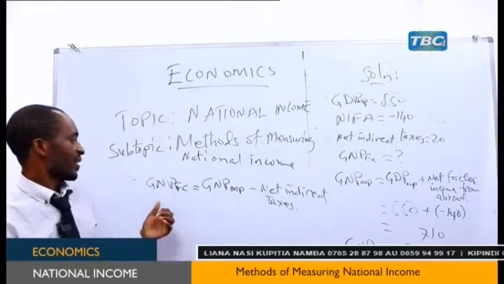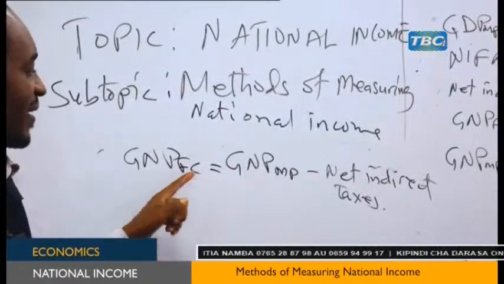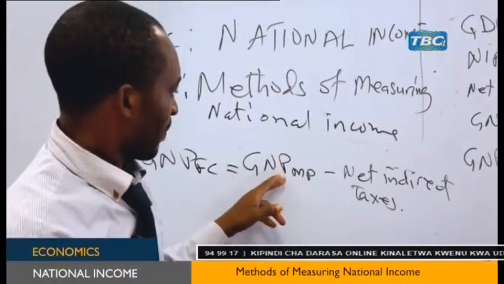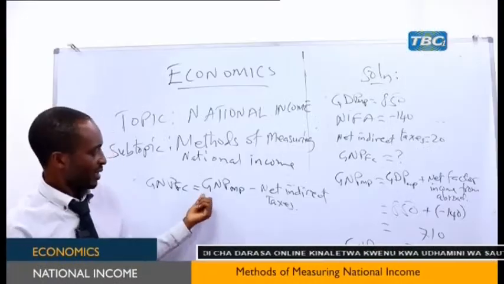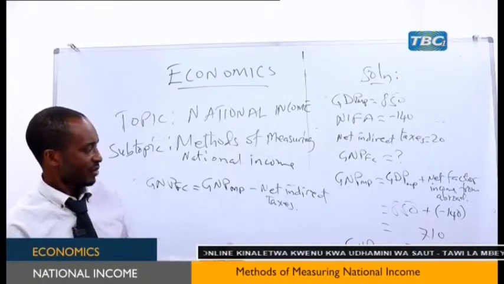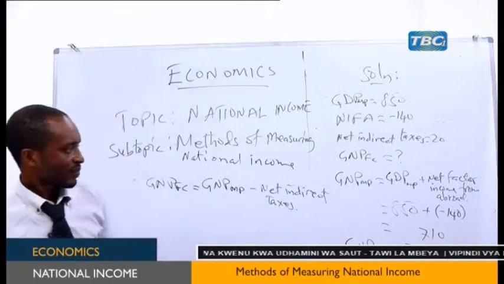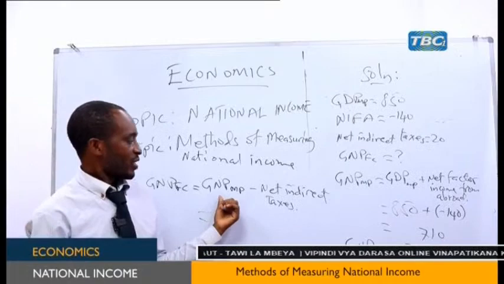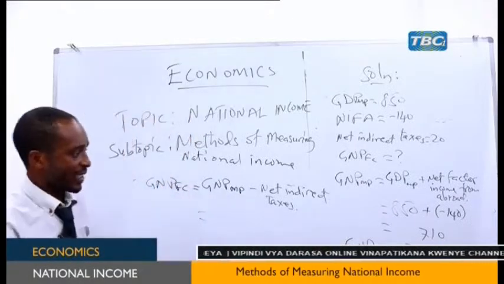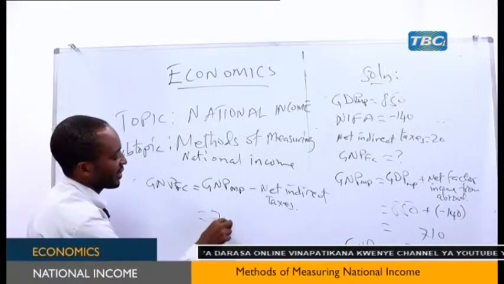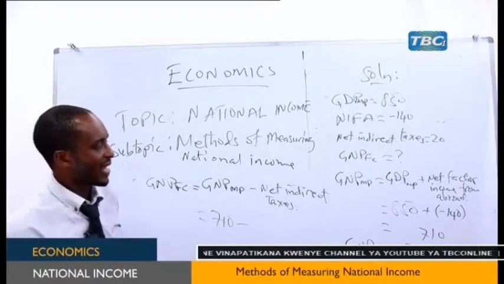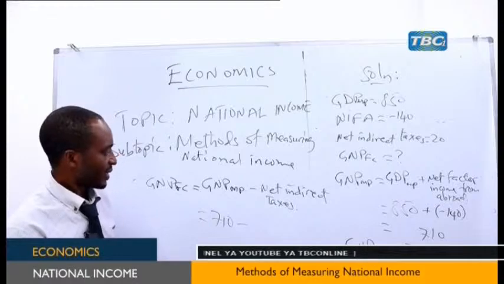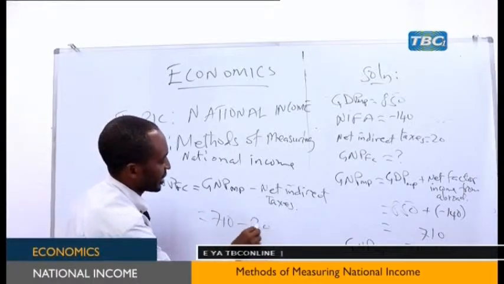So to get the gross national product at a factor cost, you get the gross national product at a market price, you less the indirect taxes. So the gross national product at market price we obtained there is 710. Then you minus the net indirect tax, which is 20.